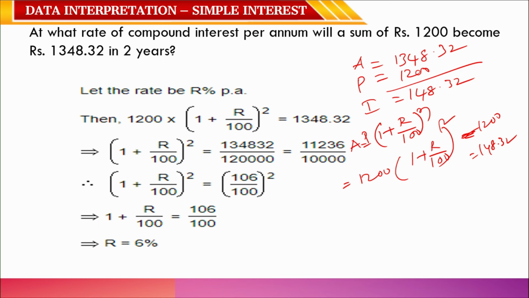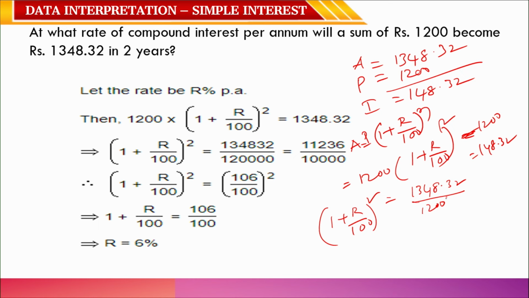So now we can say simply that you have to multiply 1200 with the whole square. This is A. So now 1 plus r by 100 whole square is 1348.32 rupees, the total amount, by the principal amount.